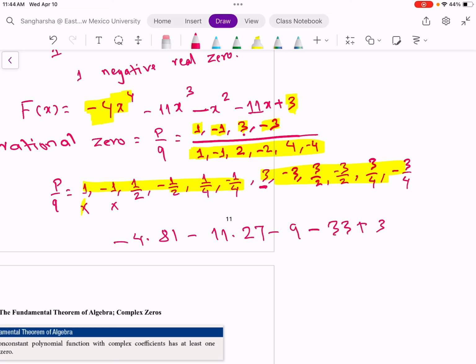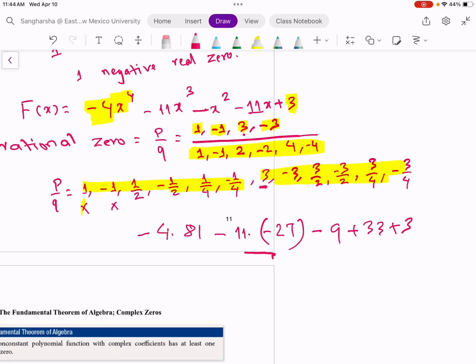All these are negative, so we won't get 0. So 3 is not it. Let's try negative 3. Negative 4 times negative 3 to the power 4 is positive 81, minus 11 times negative 3 cubed is negative 27, negative 3 squared is positive 9, so it's positive 33, positive 3. So we get positive here.